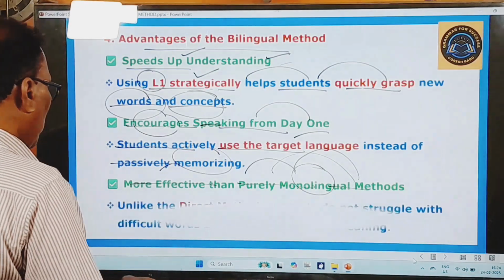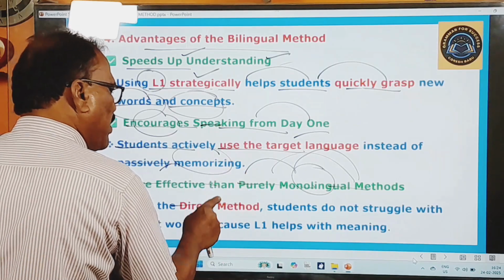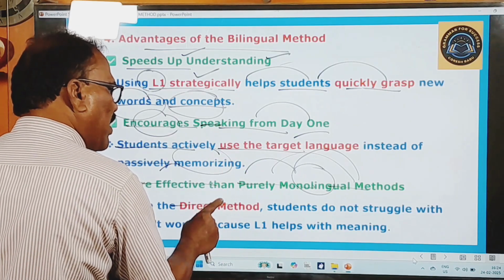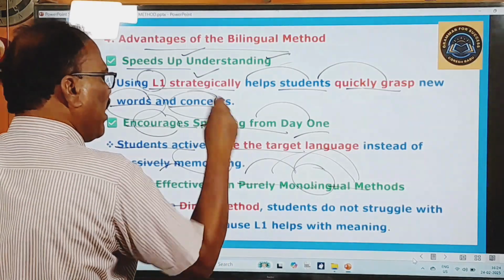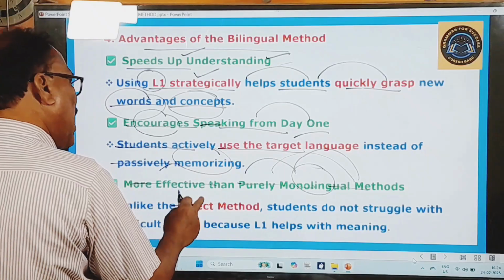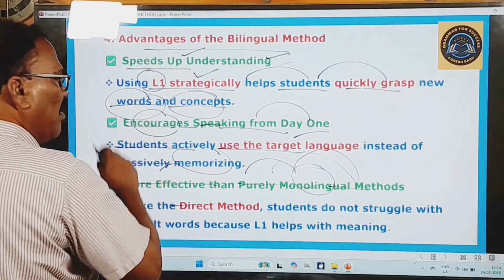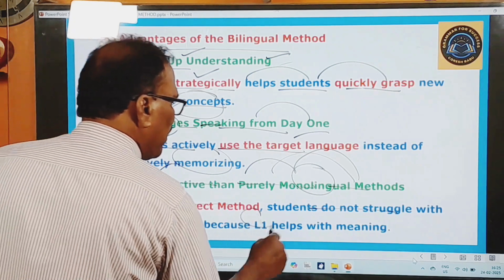And here, unlike the direct method in which only one language is used, that is the target language, both for explanation, for practice, for speech, for everything, only one language is used in the direct method. See, so unlike the direct method, in this bilingual method, what happens now? Students do not struggle with difficult words because L1 helps with the meaning.